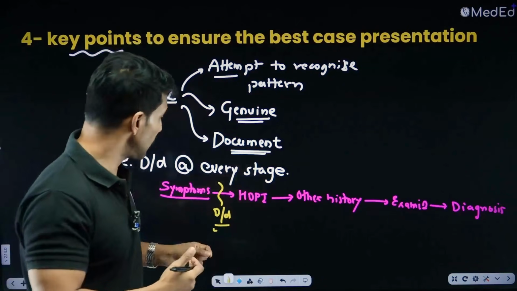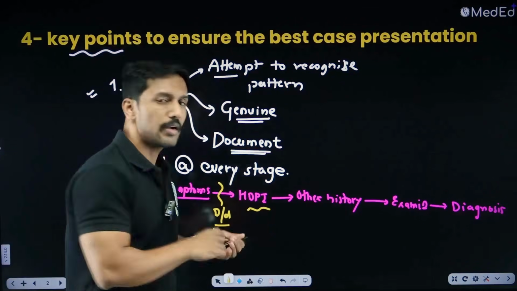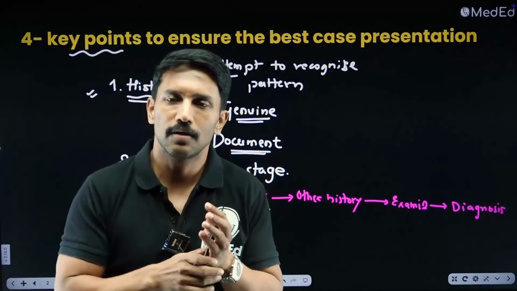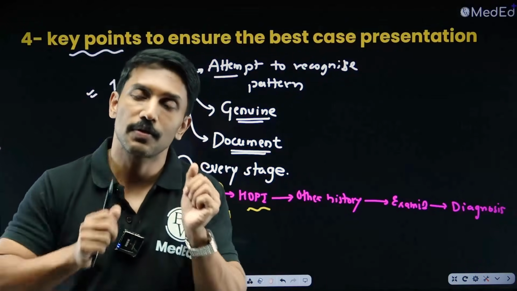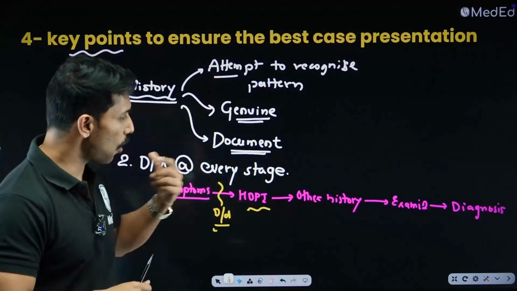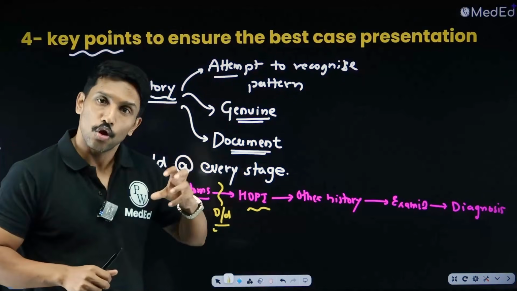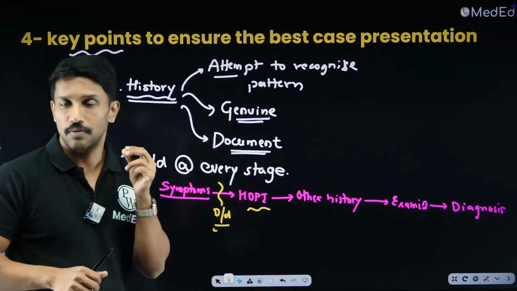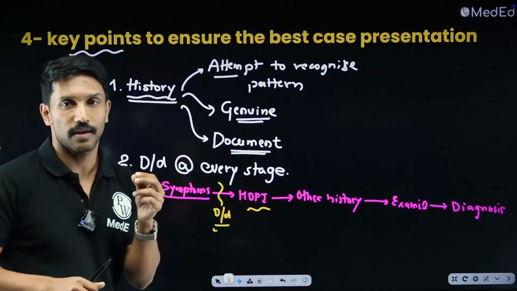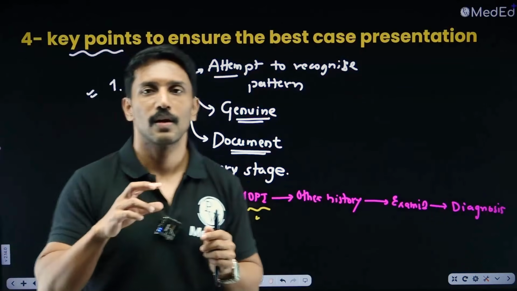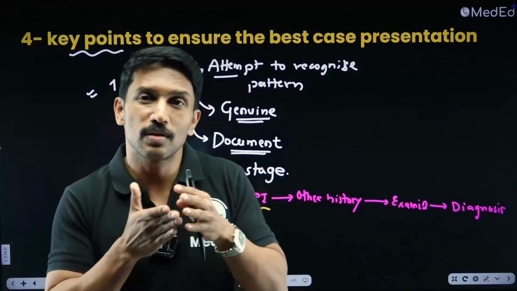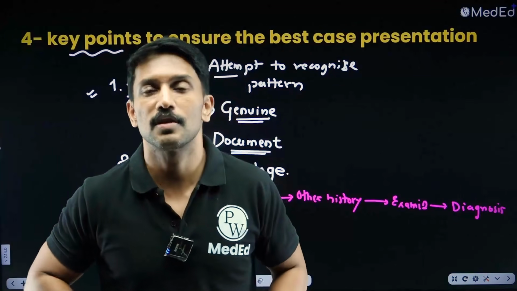So as I go to the next stage, I will try to extract information which consolidates and narrows down my differential diagnosis further. Like if I had cough, fever and shortness of breath, that too severe, then you're thinking about lower respiratory tract infection, right? So now when I come to HOPI, I would like to identify the possible causes for lower respiratory tract infection in this patient.